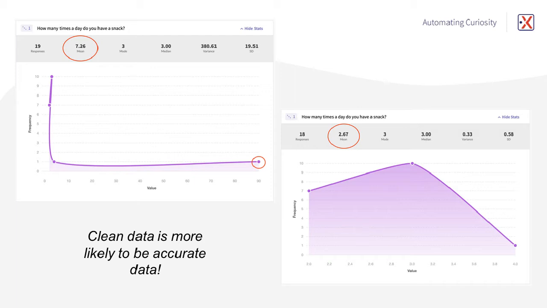And so it is always highly recommended that you start with this: look at your descriptive data and visualize your data, because if there is something suspicious going on, you'll be able to spot it pretty quickly, and it has massive ramifications.